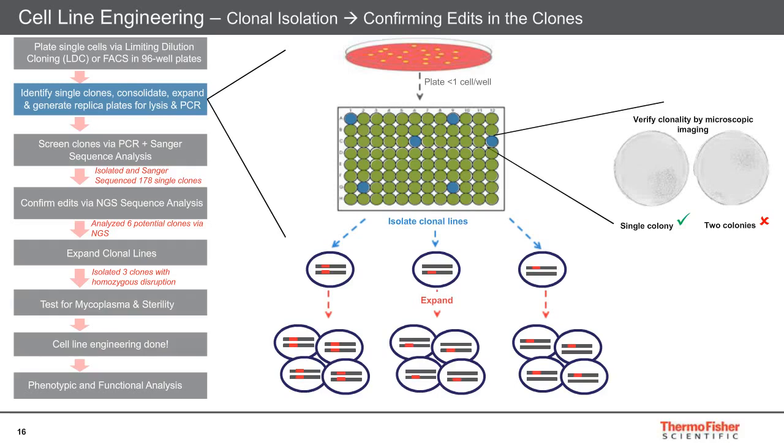I'm showing here the example of two different wells. One of them has only one colony and the other one has two growing colonies. We want a single monoclonal population, so we should be going with the wells that have only one single growing colony. So we let them grow, consolidate them together, and go forward.